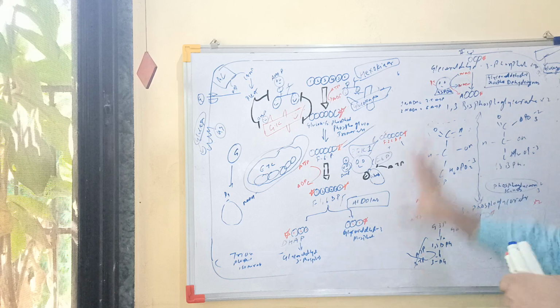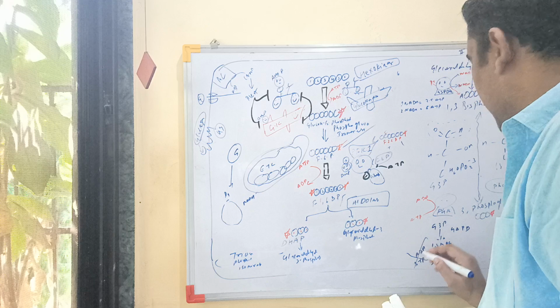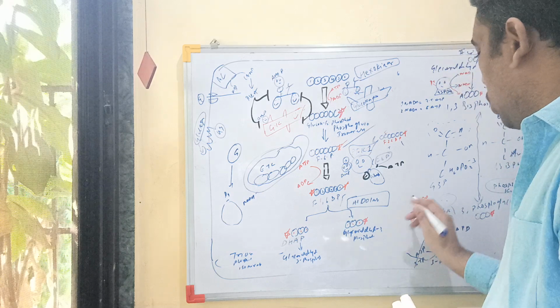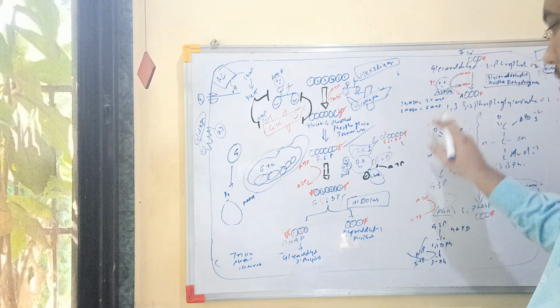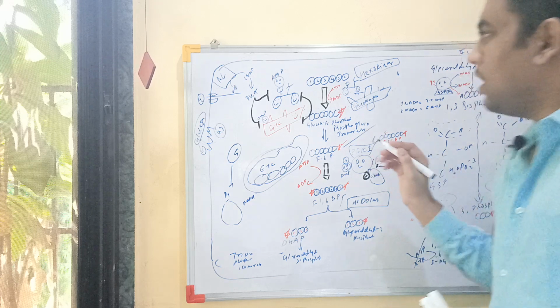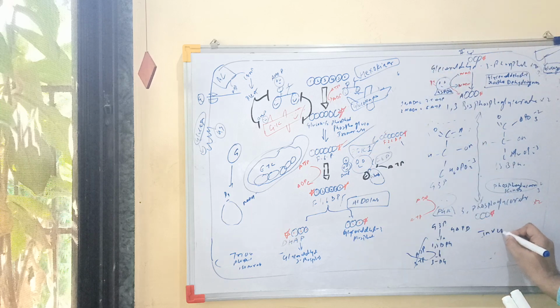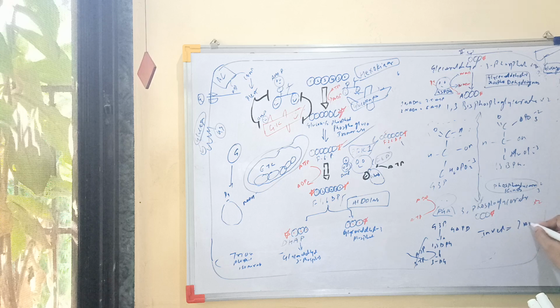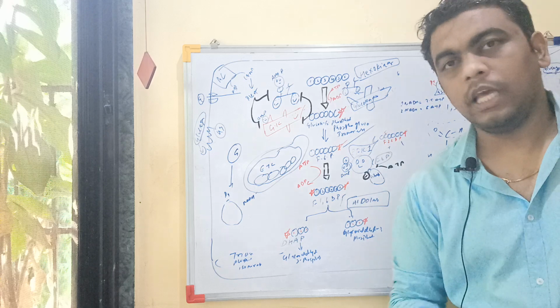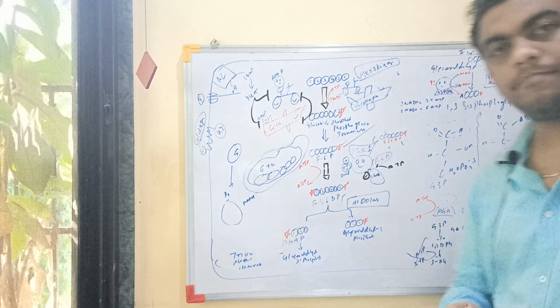So in this condition, what happens? There is a problem for the cell. Here what is the problem? We are investing 2 ATP till now, and we were getting back 2 ATP, but these 2 ATP will not be there because we are not able to convert ADP to ATP.